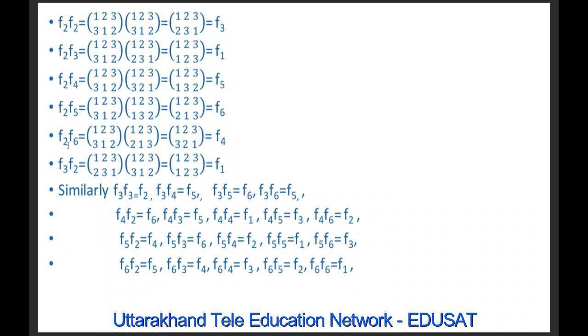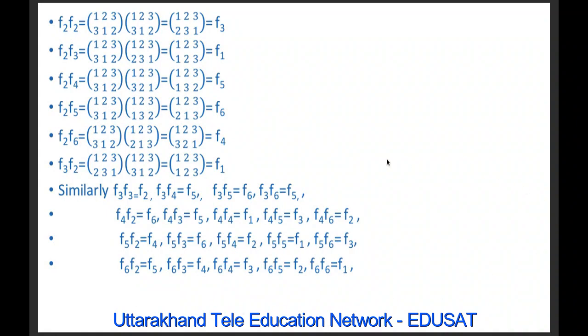Similarly, we may calculate other compositions. We may apply composition on other mappings also. That means F2 dot F6 is equal to F4, F3 dot F2 is equal to F1. Similarly, F3 dot F3 is F2, F3 dot F4 is F5, F3 dot F5 is F6, F3 dot F6 is F5, and so on.